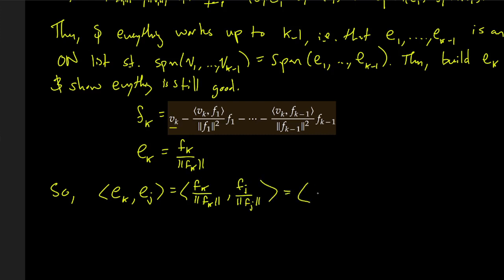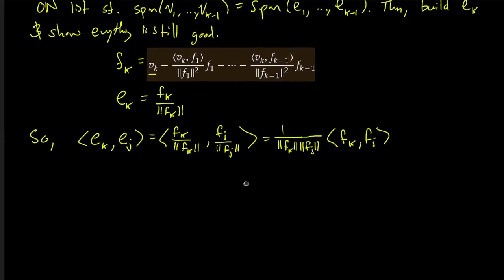So I get 1 over norm FK times the conjugate of 1 over norm FJ, but norm FJ is real, so it's just equal to 1 over norm FJ. Okay, cool, since norms are always real numbers, not complex numbers. And then I just have the inner product of FK with FJ.